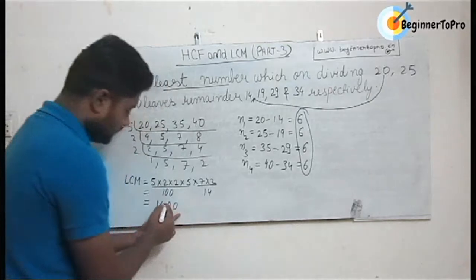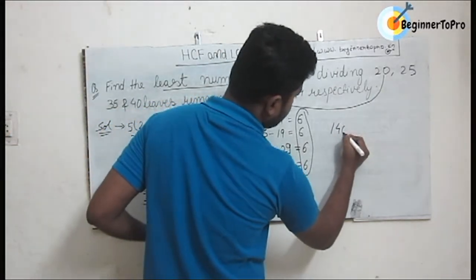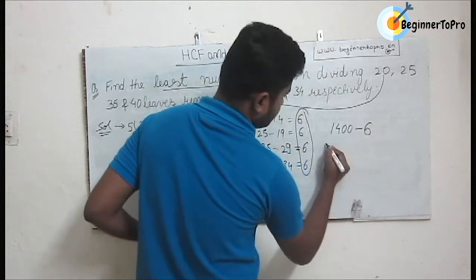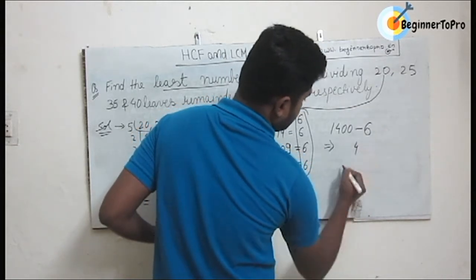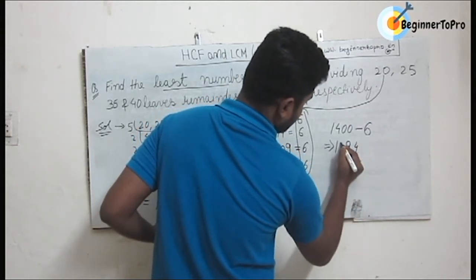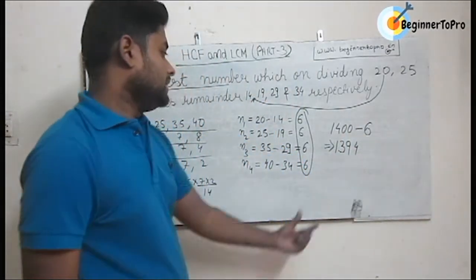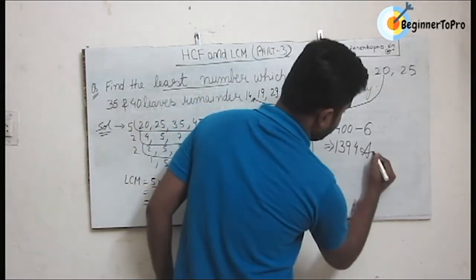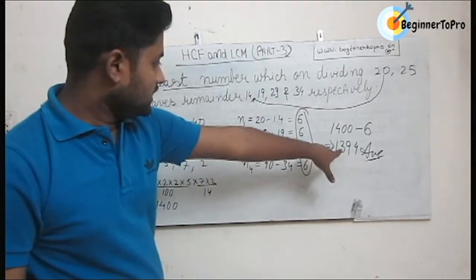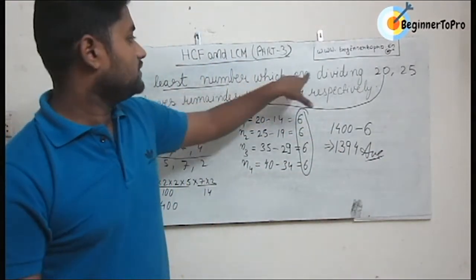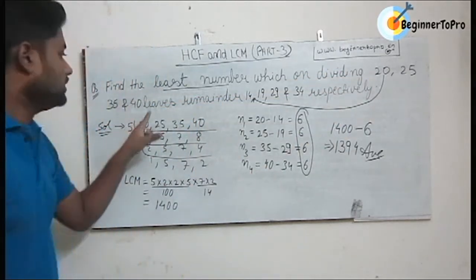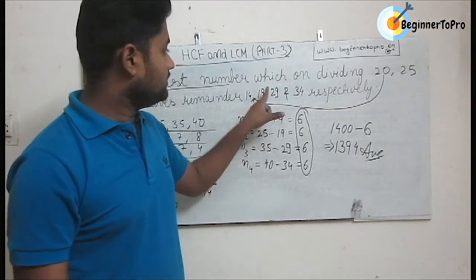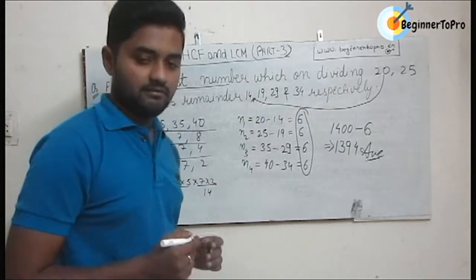The LCM is 1400, so 1400 minus the common 6. The final answer is 1394. So this is the required answer. We can say that 1394 is the least number which on dividing these four numbers leaves remainders 14, 19, 29 and 34 respectively.